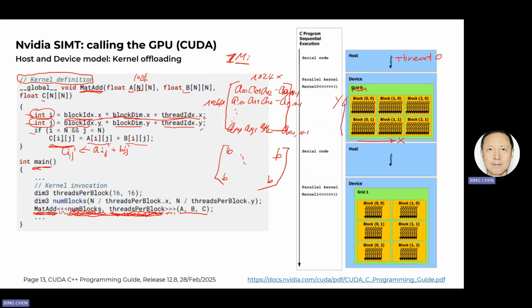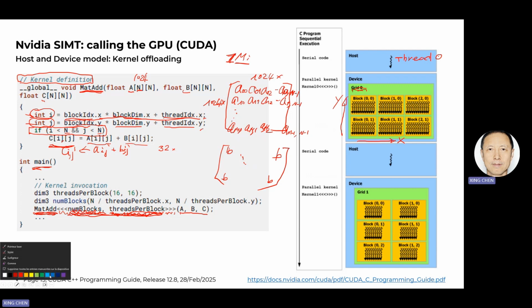Here, there is another line of code we need to try to understand. We need to guarantee that I is less than n and j is less than n. The fact is that for GPUs, the threads are scheduled in groups. Let me take this as an example. It's better I change the color.